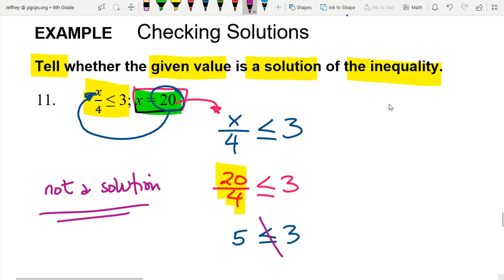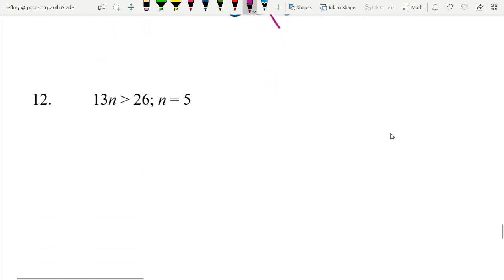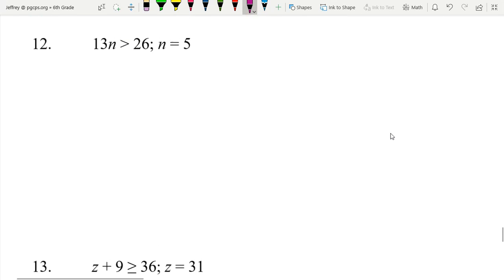Now, let's move on to number 12. For number 12, our inequality statement is 13n is greater than 26, and our value given is n is equal to 5. So what we need to do is plug in 5 into n.